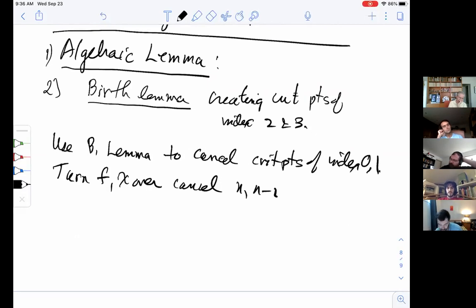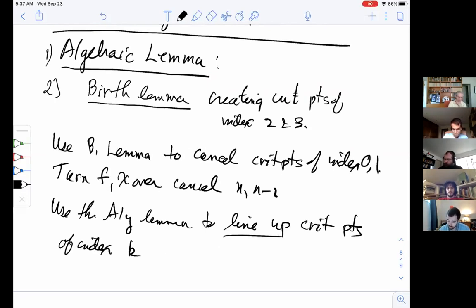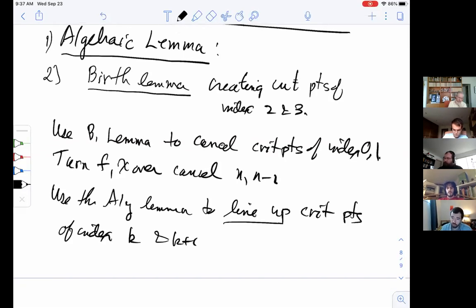So you get rid of these extremal critical points, and then you use the algebraic lemma to line up critical points of index k and k plus 1, k being the smallest remaining index. For each point of index k, you somehow line up so that there's a nice critical point of index k plus 1, which will cancel it algebraically, and then you use second cancellation.